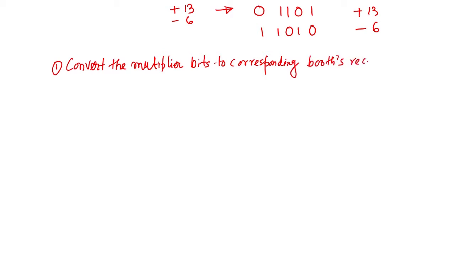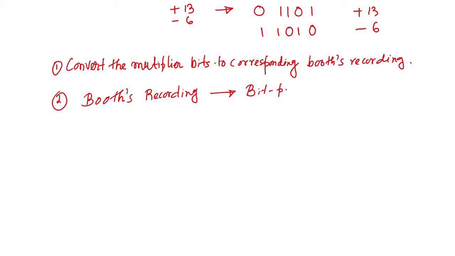Second step, Booth's recording to bit pair recording. So, the multiplier bit is 1 1 0 1 0.